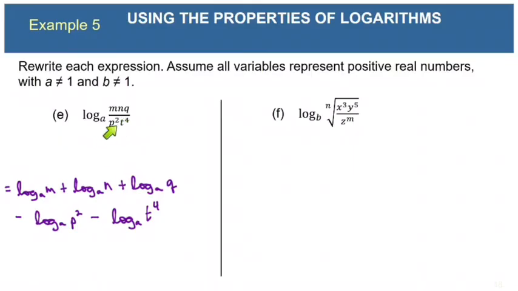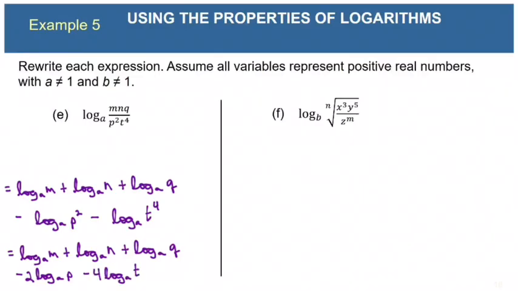The p squared and t to the fourth terms are negative because they came from the denominator. And now we need to use our power rule to move these exponents to the front. So that's going to be log base a of m plus log base a of n plus log base a of q minus 2 times log base a of p minus 4 times log base a of t.